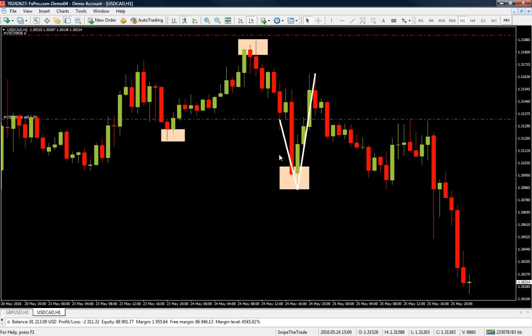So we are making a lower low and a lower high, which means that we have broken with the previous up structure and are now starting a new down structure. When we make this new high, we need the market to make a new low in order to consider this as a new high. Remember that price can come all the way up here, just dip a little bit and continue its rally to the upside.